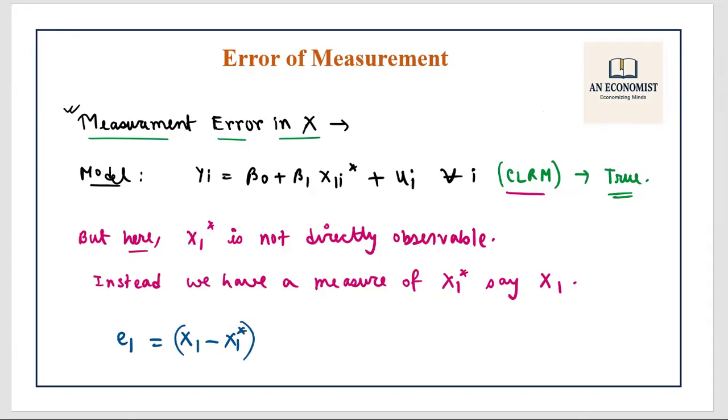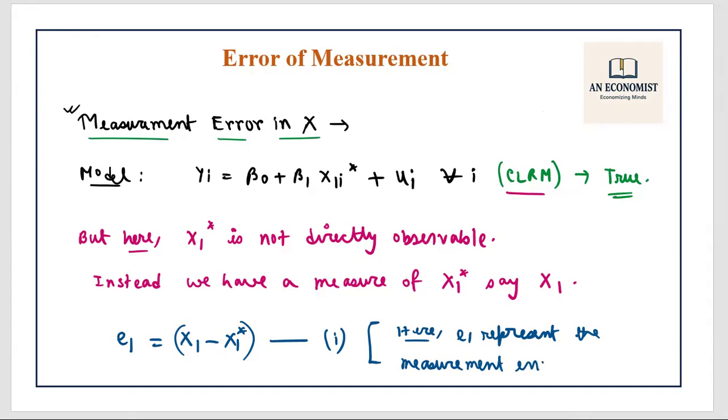Say e1 is the measurement error, which looks like this, x1 minus x1 star. Suppose I call this equation 1. Here, e1 represents the measurement error in x1 star.